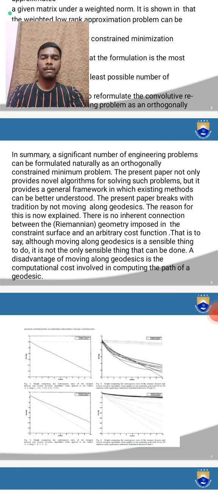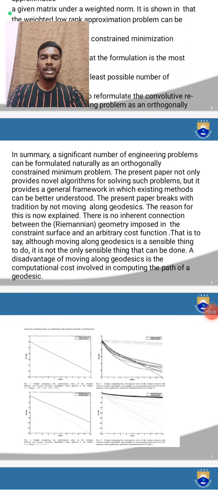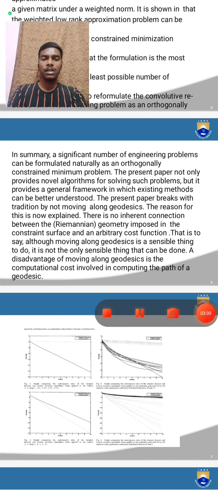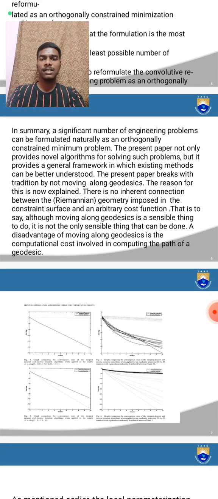The present paper breaks with tradition by not moving along geodesics. The reason for this is now explained. There is no inherent connection between the geometry imposed in the constraint surface and the geometry of the cost function.